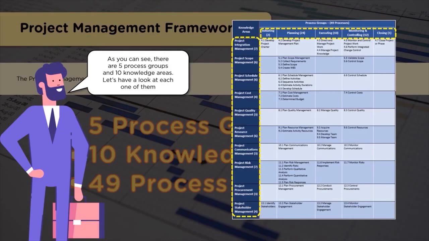Communication should happen during execution. Similarly, implementation of risk responses defined while planning, conducting the procurements as planned, and managing stakeholder engagement. The actual execution of the work packages and deliverables happens from the team.